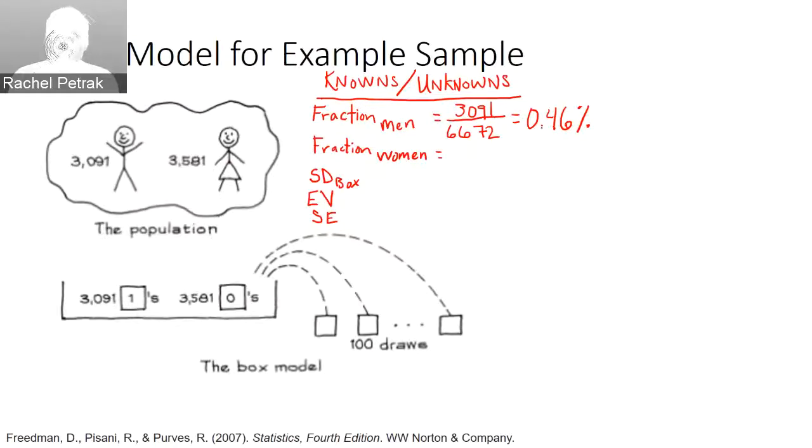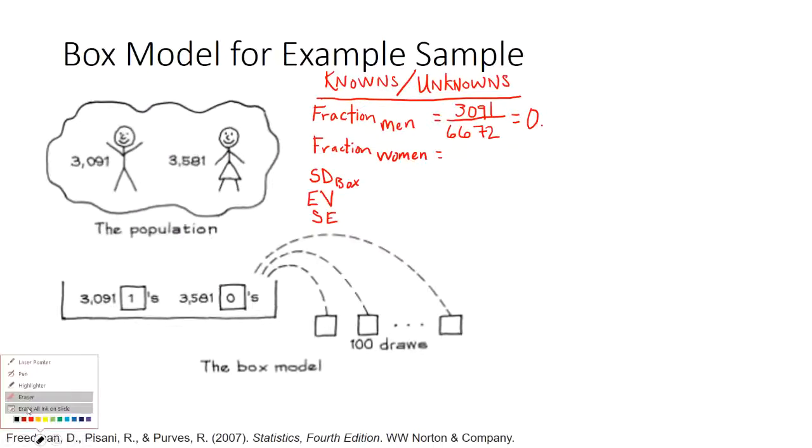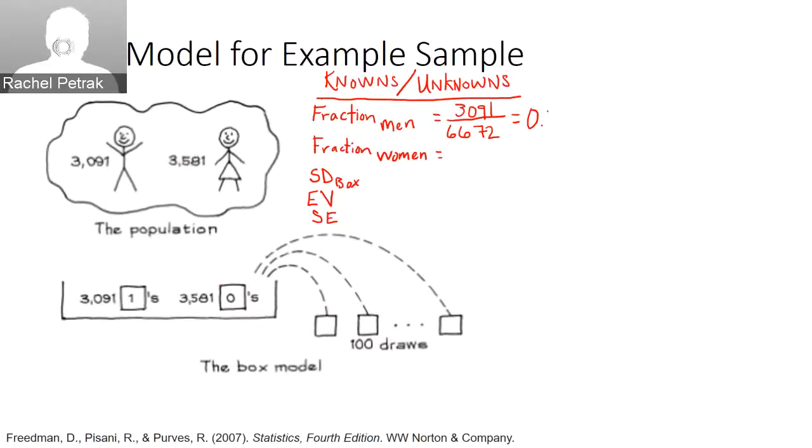The fraction of women we could get by either taking 3,581 out of 6,672, or we know that the sample has only men and women in it, so we could also take 1 minus 46%, or 100 minus 46%. So technically this equals 0.46, which we then multiply by 100 to get 46%.